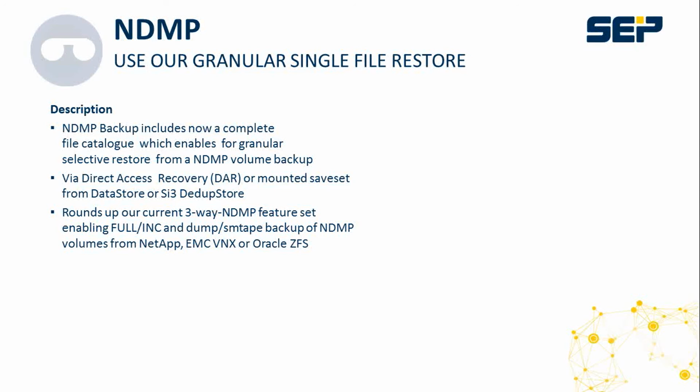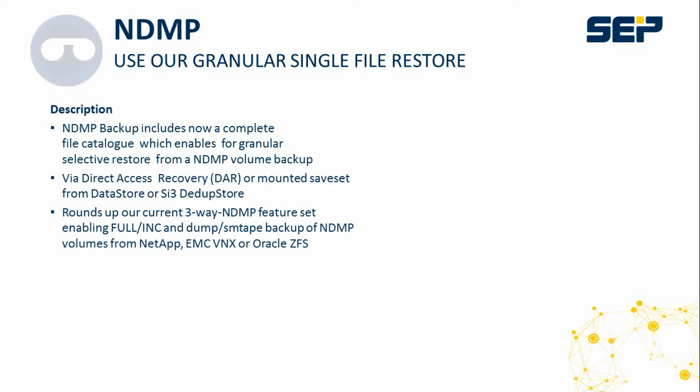You could just mount the backup. That's a standard functionality with SEP sesam. You can mount the backup, and then we have this virtual file system providing this single file restore functionality for an NDMP stream. And with this mounting functionality, you do not even need specific hardware, because normally with an NDMP backup, you need to have the same hardware for the restore. If you have done an NDMP backup of a NetApp, then you need exactly the same NetApp machine for the NDMP restore.